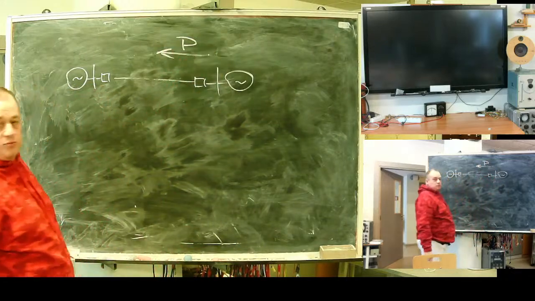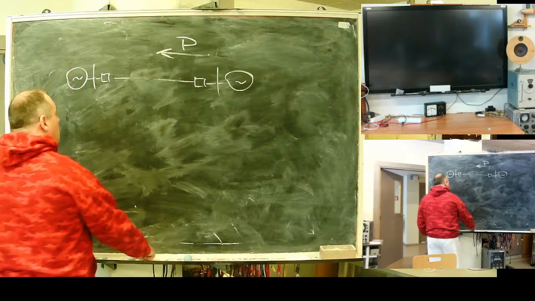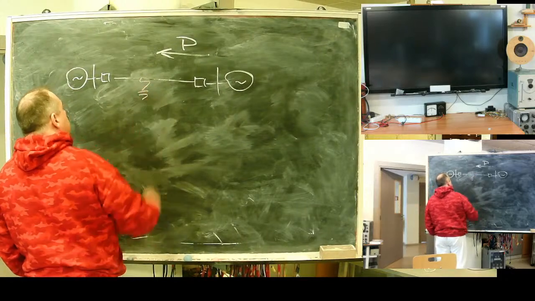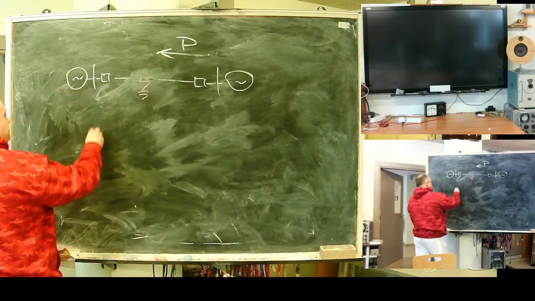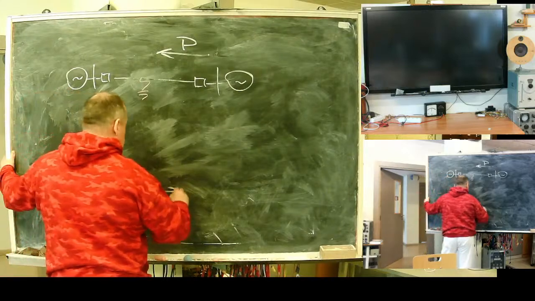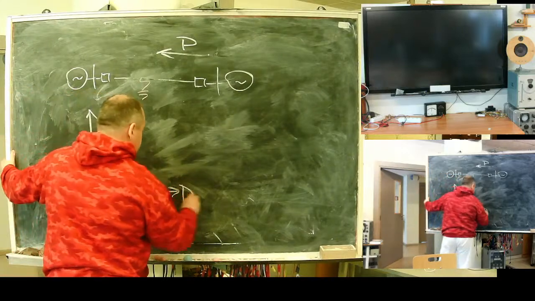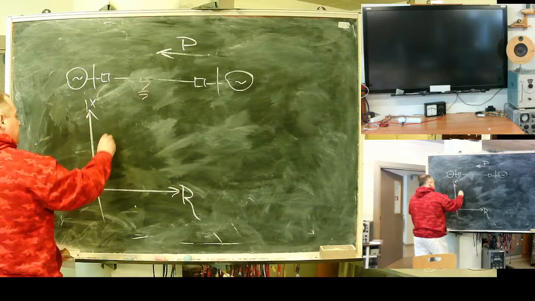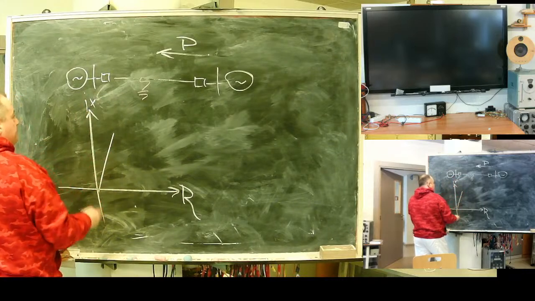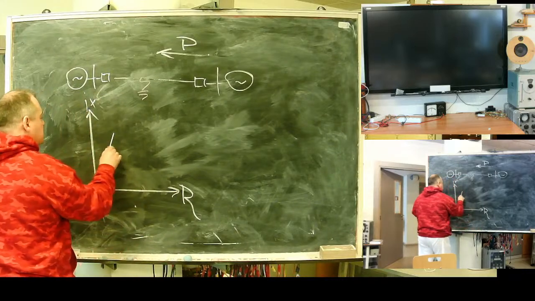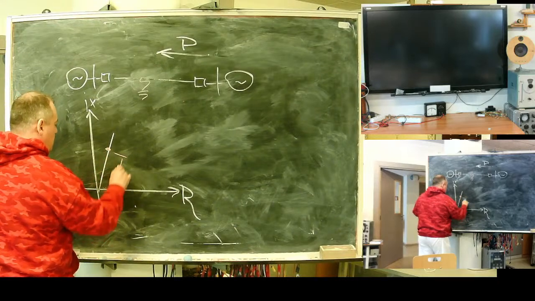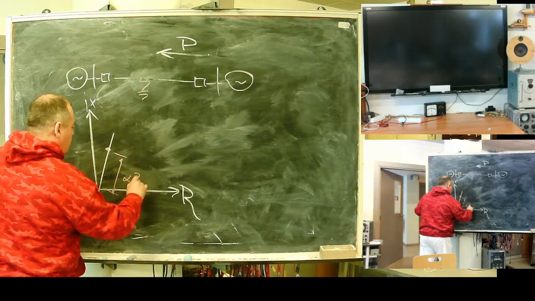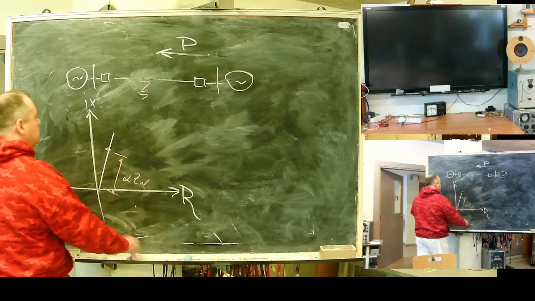Power goes from system 2 to system 1, and you have, for example, a nice earth fault. I don't know, for example, this is alpha ZV.